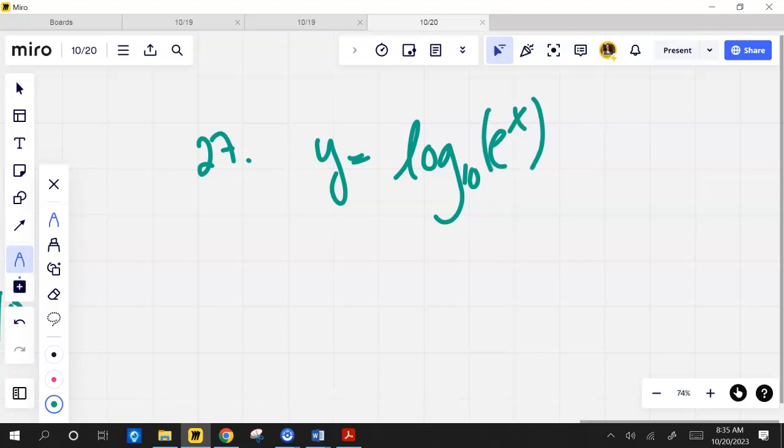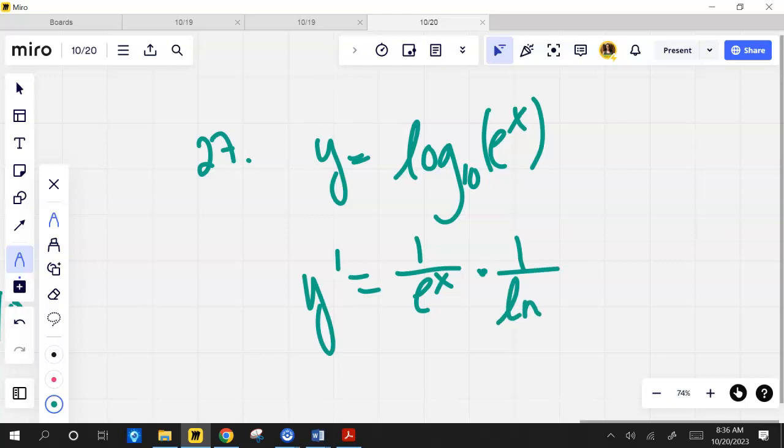All right, so again, I'm back to the pink sheet. I'm going to use that very last bottom right, log base a of x, right? So the derivative here would be 1 over x, my x is e to the x, times 1 over the natural log of a, and what is a? 10. Now I chain it.